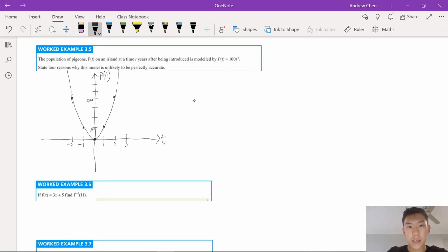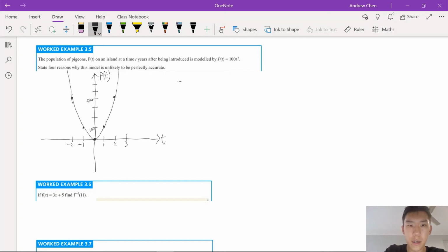Okay, so let's state 4 reasons why this model is unlikely to be perfectly accurate. Well, you can come up with many things here as long as it's mathematically reasonable. So one thing you'll realize is that if we go in the positive t direction, the graph goes up and up and up forever, right? That's suggesting that the growth of pigeons is going to be infinite.